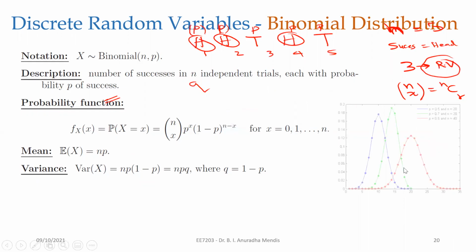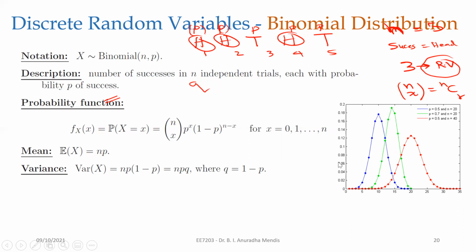Then in this figure, you will see that for different success probabilities and different numbers of trials, the binomial distribution varies. When the number of trials is very large, you can see it has this normal curve shape. But when the number of trials is small, it is shifted towards the left.